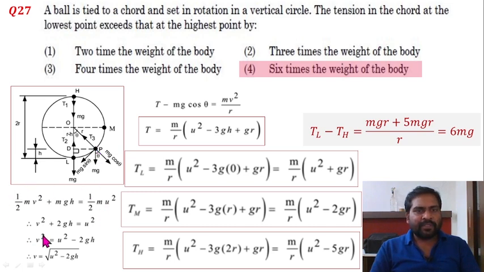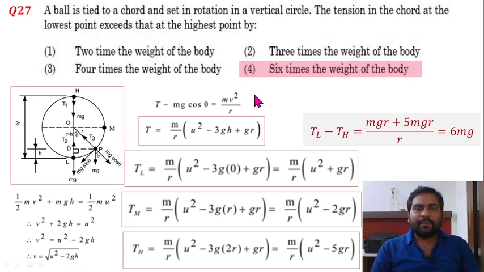For energy conservation, take h equal to 0 at the lowest point, where there is only kinetic energy. So half m u square equals, at this point, half m v square plus mgh, where h is the height of the point with respect to the lowest point. So velocity v turns out to be square root of u square minus 2gh.